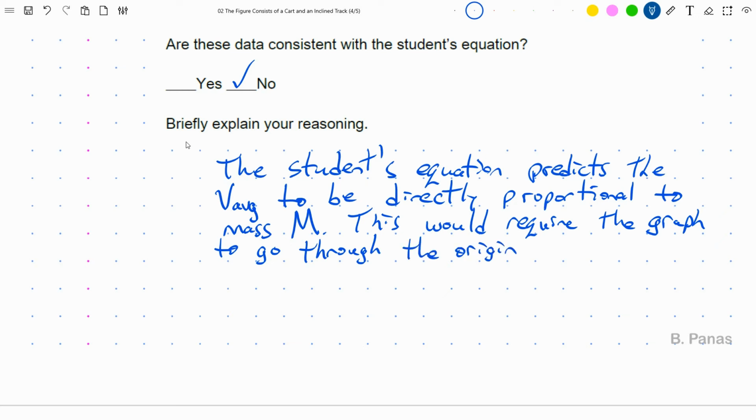In fact, by the graph, what I really mean is a line of best fit. Let me just slip that in. Line of best fit.